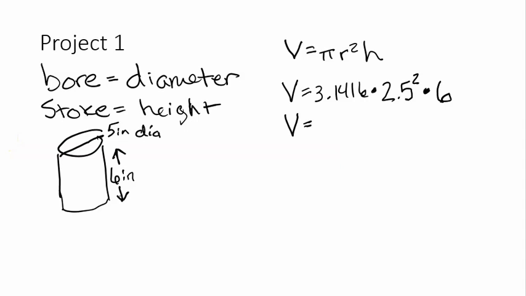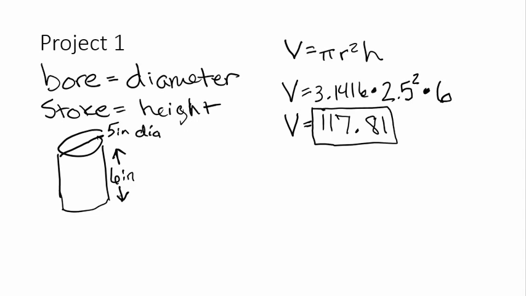So 3.14 times 2.5 squared times our 6 inches in height, and we will get 117.81 cubic inches of displacement for our engine. That means one cylinder displaces that many cubic inches.